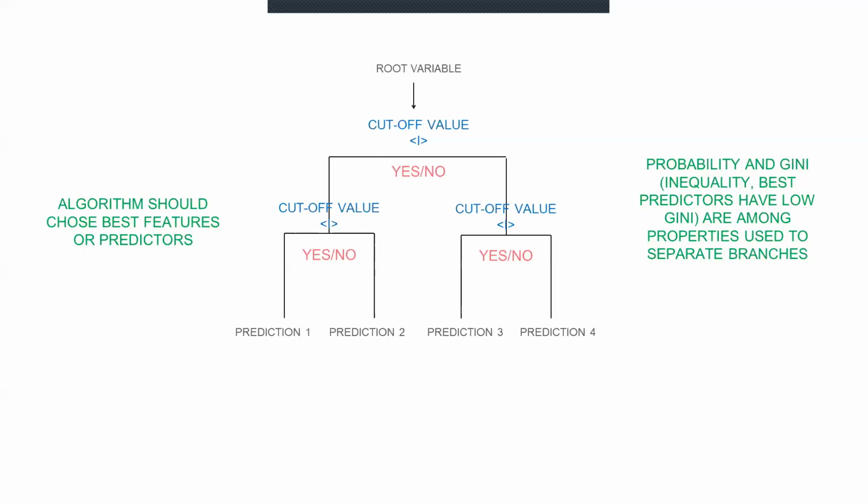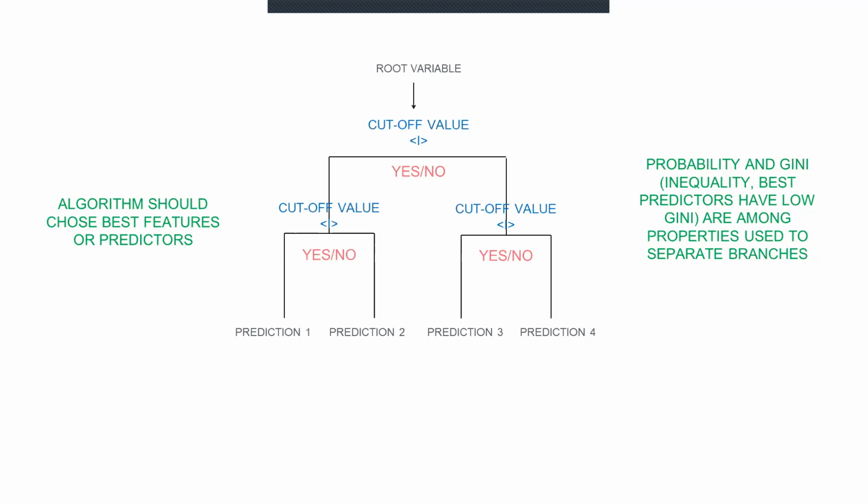And that would correspond to this yes and no. So, for example, if it's lower, we go to the left branch, and if it's higher, we go to the right branch or vice versa, depending on the model. So you can also create these decision branches and have a different cutoff value for each of them. In the end, you would create a predictive model like this.